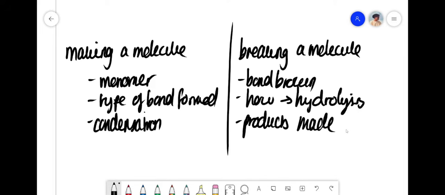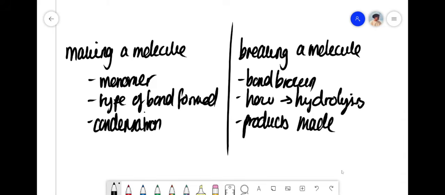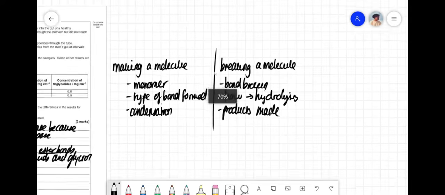So if I'm breaking said dipeptide down, I'm breaking a peptide bond via hydrolysis, producing 2 amino acids. If you say this in your answers, you can get all 3 marks by saying a very short sentence if you combine all of them together, and you're guaranteeing yourself those marks every single time. So do not do this. Always do this.